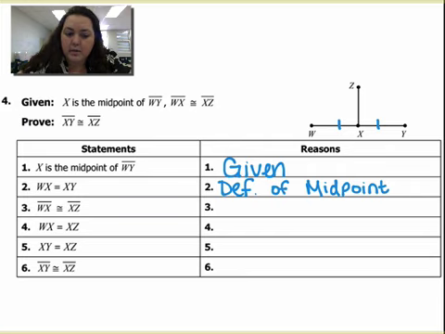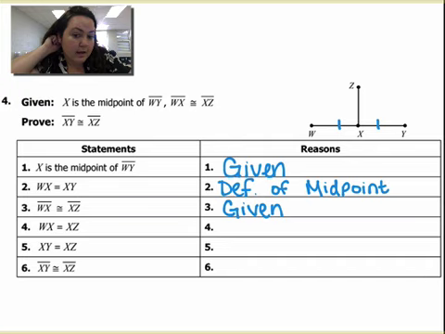Okay, I could also say that line segment WX is congruent to line segment XZ. Okay, that was given to me. So line segment WX is congruent to XZ, the one going perpendicular up and down. So those are the same size.